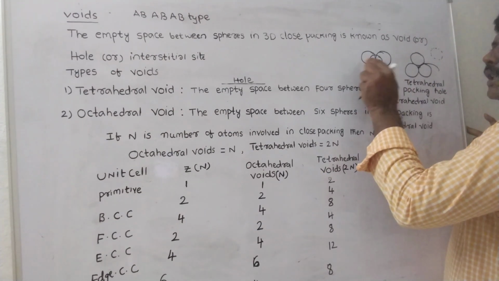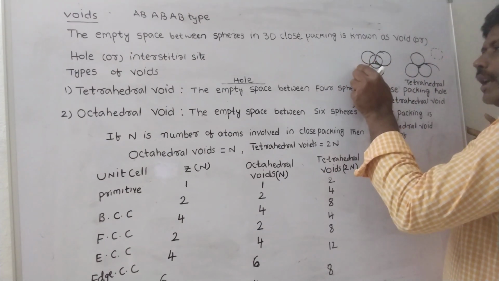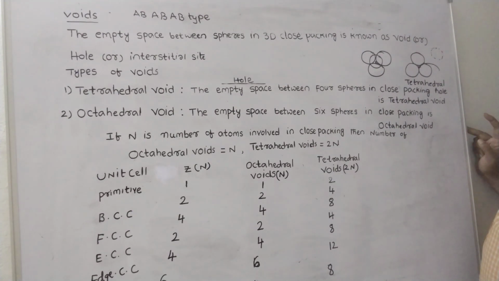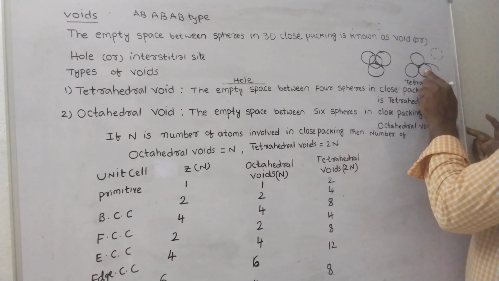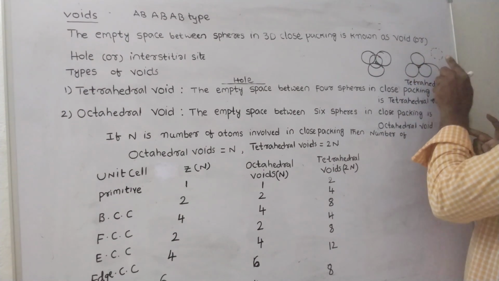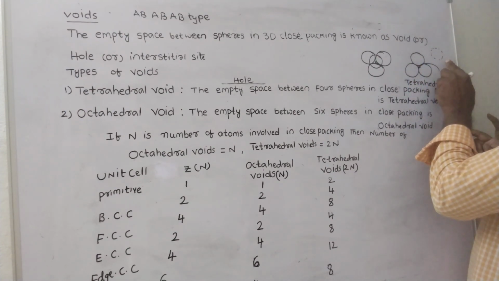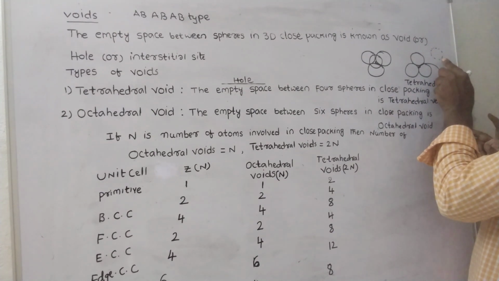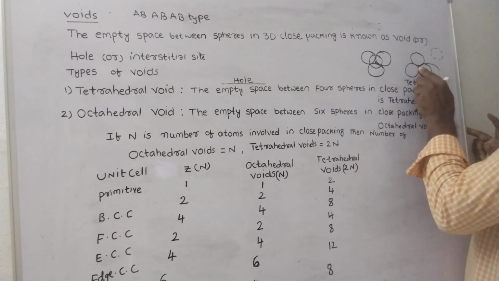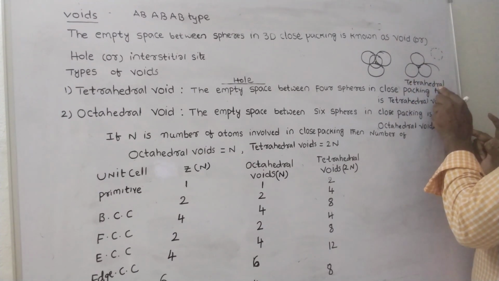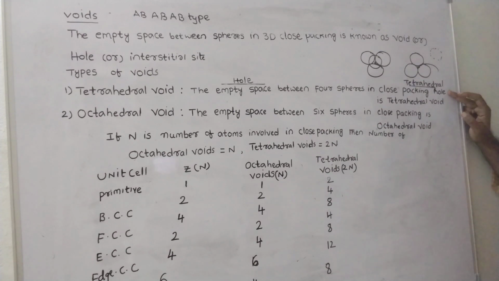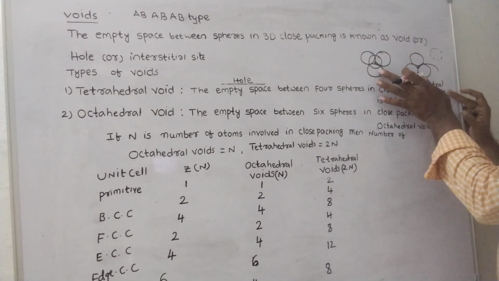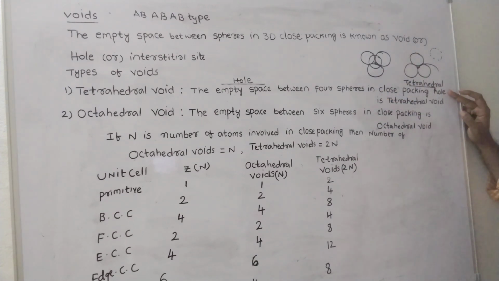It is also known as a tetrahedral hole or tetrahedral interstitial site. This is another representation. This is one layer and the dotted line circle represents the other layer sphere. The empty space is the tetrahedral hole, or tetrahedral void. These are the two representations of a tetrahedral void.